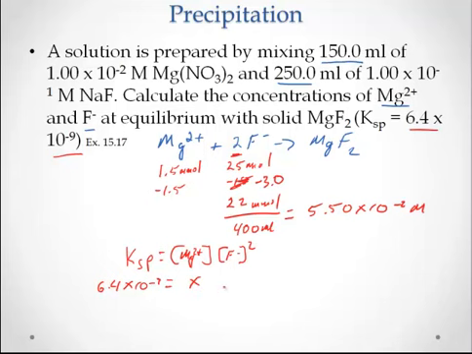Would you guys agree with me? I hope you do. 5 times 10 to the minus second, square that thing, right? And now I can solve for x. And when I do, I get a value for x that equals 2.1 times 10 to the minus sixth. So that's the concentration of Mg2+.